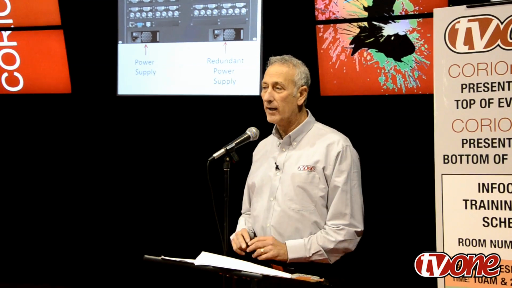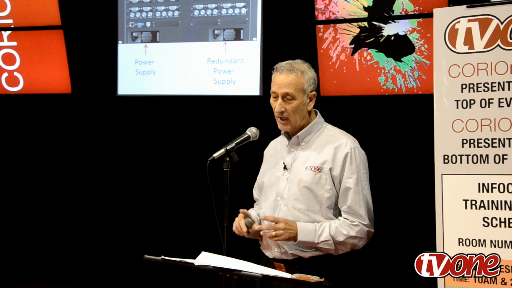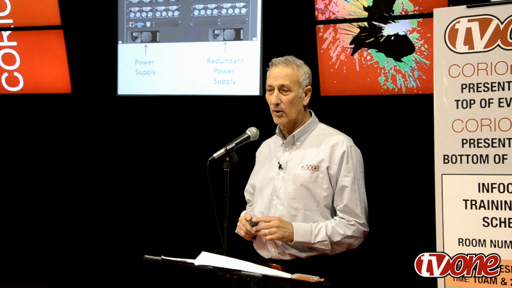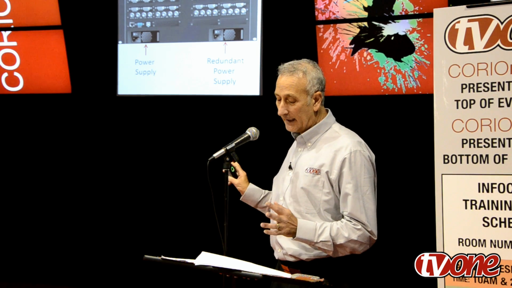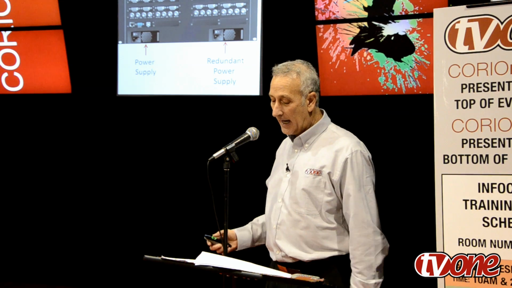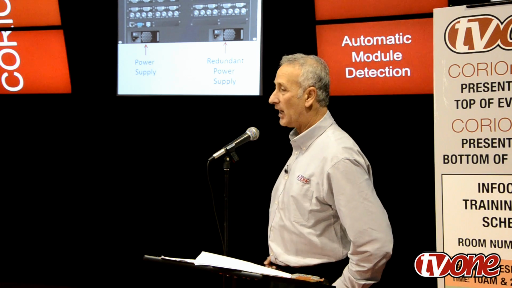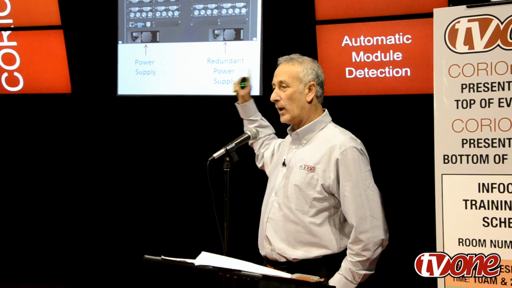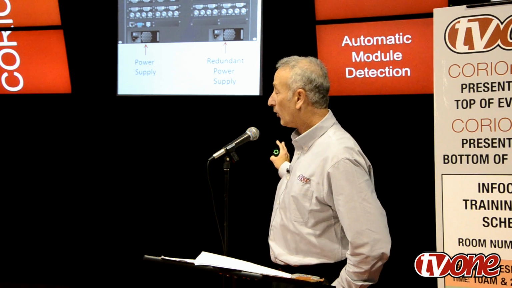The TV1 4RU chassis has 16 independent modules. The modules can have up to 4 inputs depending upon the video format and 2 outputs. We're looking at a DVI-U input, so there's 2 in and 2 out, and you can choose the module types needed for your specific kind of design. So you could have 4 inputs, 28 outputs, 28 inputs, 4 outputs, anything in between.